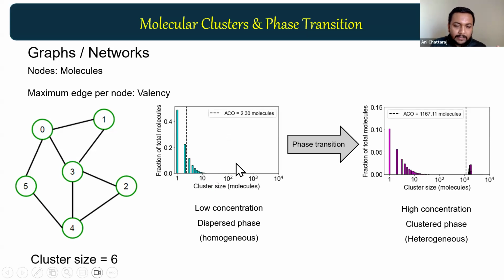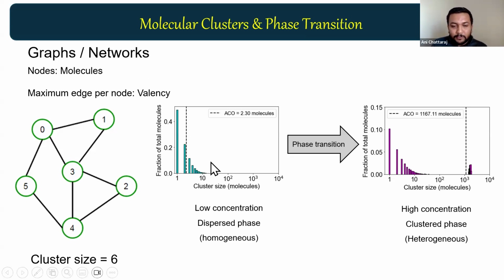Let's say at some lower concentration, we have a cluster size distribution here. The x-axis is the cluster size, meaning how many molecules are part of a given cluster, and the y-axis is the fraction of total molecules. We can think of this as the probability of a given molecule being part of that cluster. So we can read off the fraction of molecules as some kind of probability.